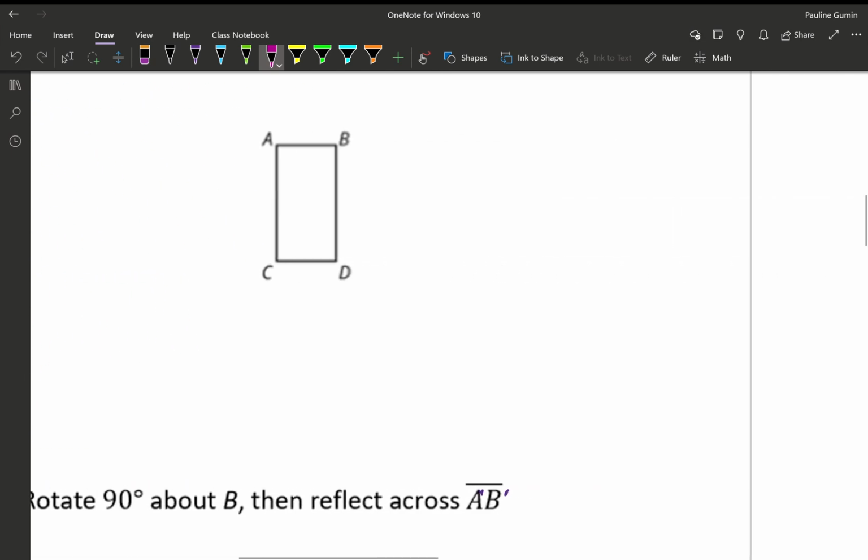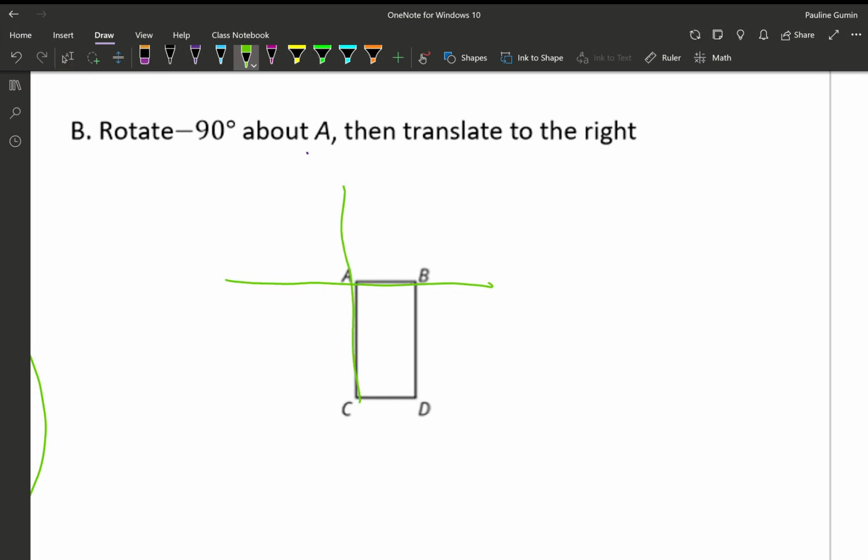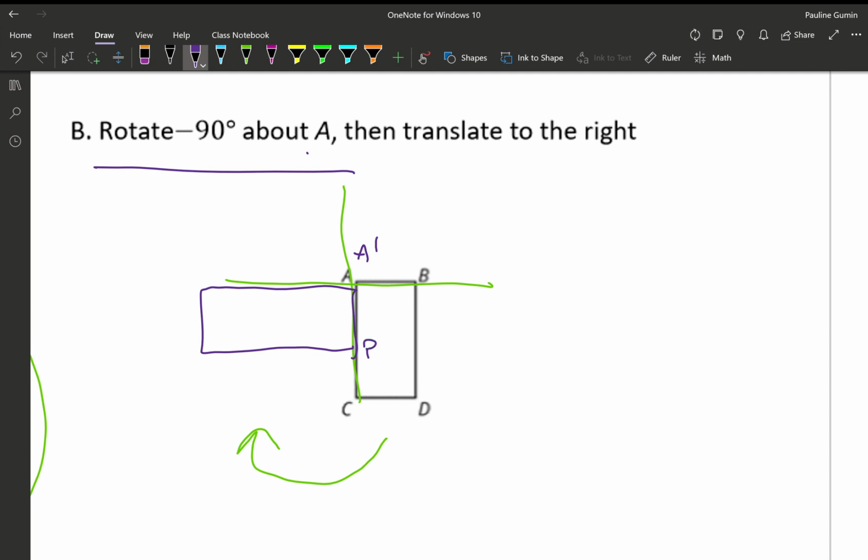Okay, number 2B. First, we're going to rotate negative 90, and then we're going to translate it to the right. Negative 90 about point A means I'm going to draw the grid on point A. Negative means clockwise. We're only going to rotate once clockwise. All right. So my rectangle ends up here. A prime, B prime, C, D prime, C prime.